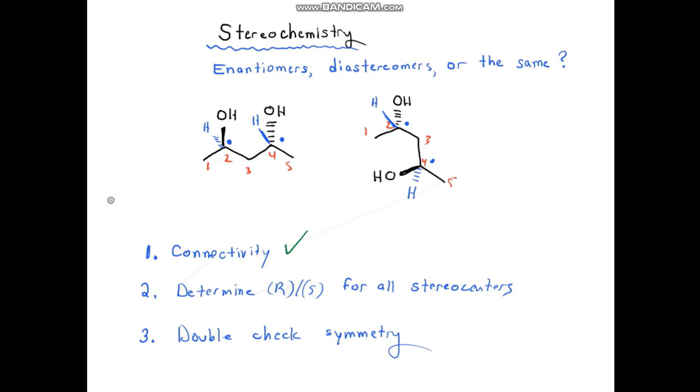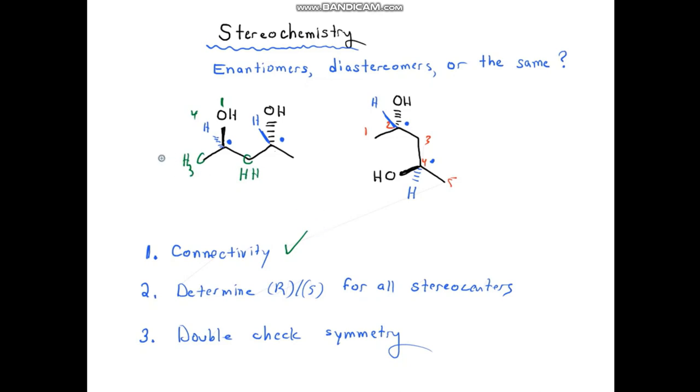Okay, and then now we're going to calculate R and S. So what would be the highest priority atom attached to carbon number 2 here? Well, that should be the O, right? So O is number 1. And then the lowest priority should be the H, right? Now, attached here, we've got a carbon CH3, and we've got CH2 here.